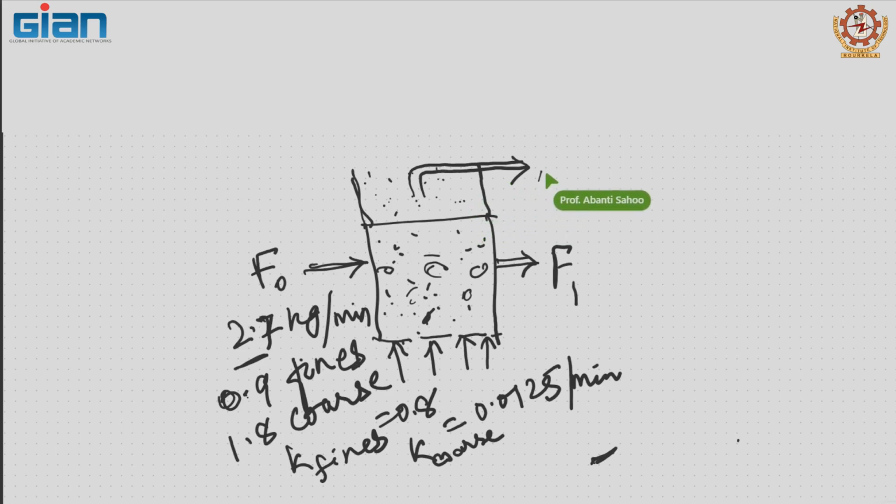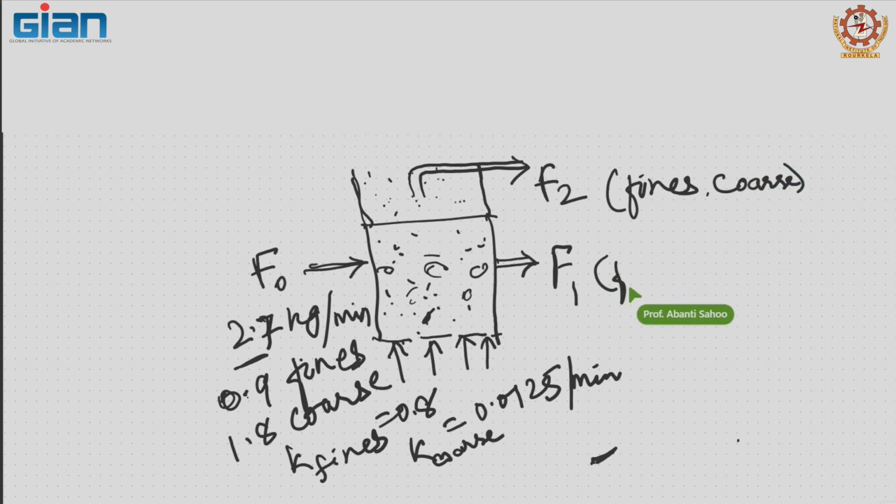So F1, and this is F2, also contain fines and coarse. Only when size distribution occurs does the percentage vary; whatever is in the feed, its variation will be there in the overflow and the carryover solids.